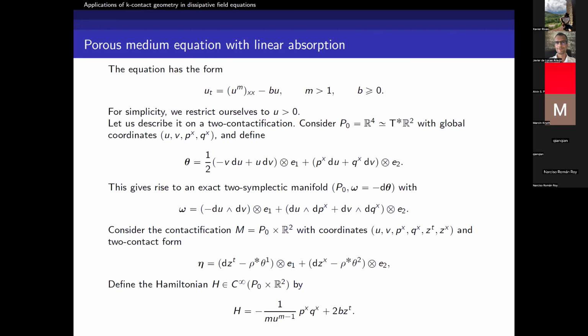So now we are going to the next example. We'll consider a partial differential equation of this form. We restrict ourselves to U greater than 0, and we'll consider a two-contactification. It will be a similar method as before. We are taking R4, which will be isomorphic to the cotangent bundle of R2. It is very similar to the previous one.